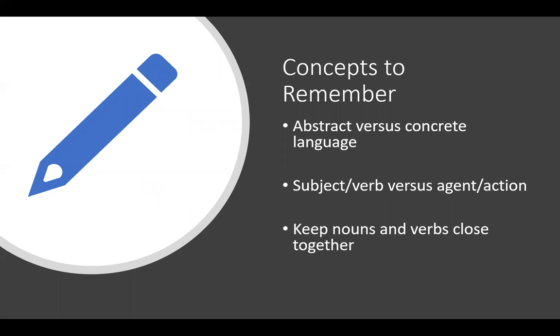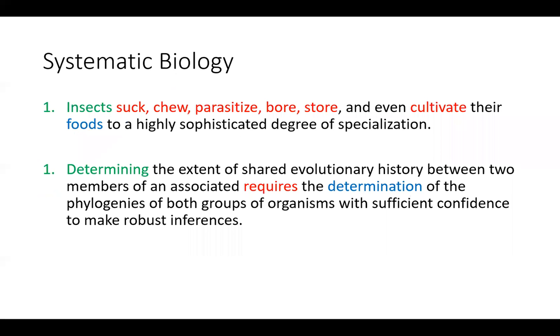When you can, keep nouns and verbs close together. If we go back to this example, we have our two examples where our nouns and our verbs in the first example are very close together. And in the second example, we had to spend a much longer time picking apart the nouns and the verbs. Keep your nouns and your verbs together. In some work that I do with Pat Goodson, she often says, if the words are not with the words they belong with, then they belong with the words they're with.